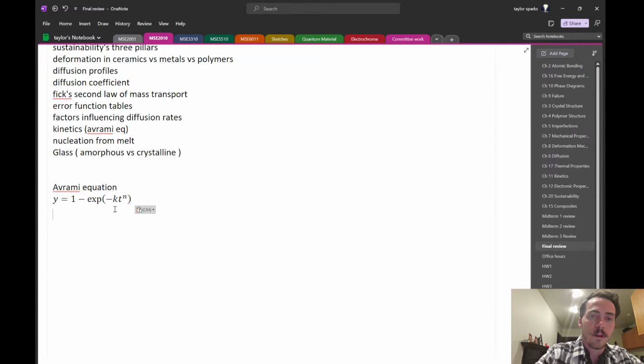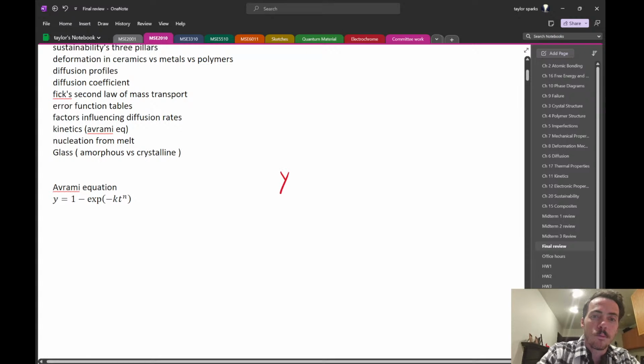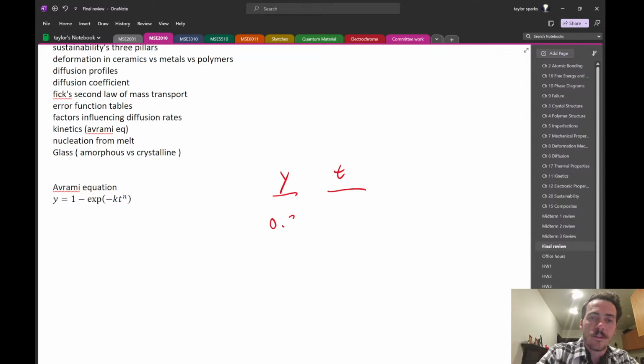For example, if I gave you a table with y and t, and maybe the fraction transformed was 0.3 after 500 seconds, and another data point was 70% transformed at, I don't know, 1500 seconds, then you could write out two equations for two unknowns and use that to solve for k and n.